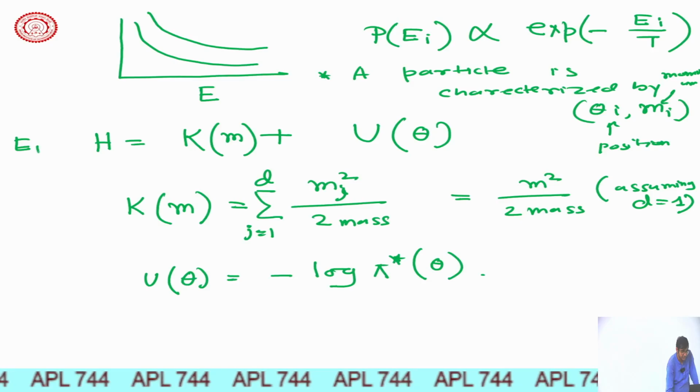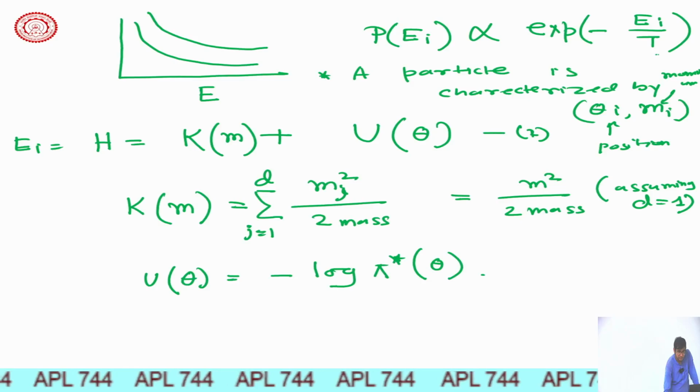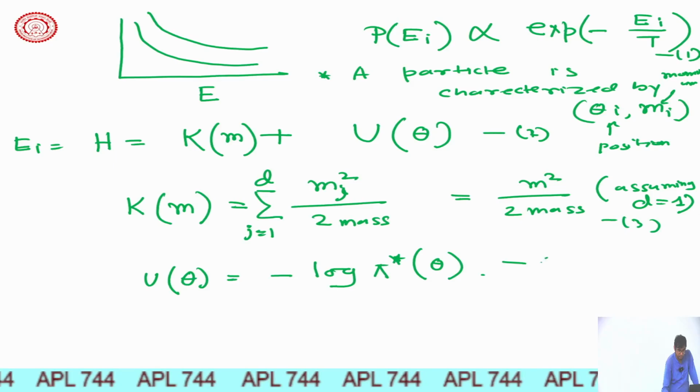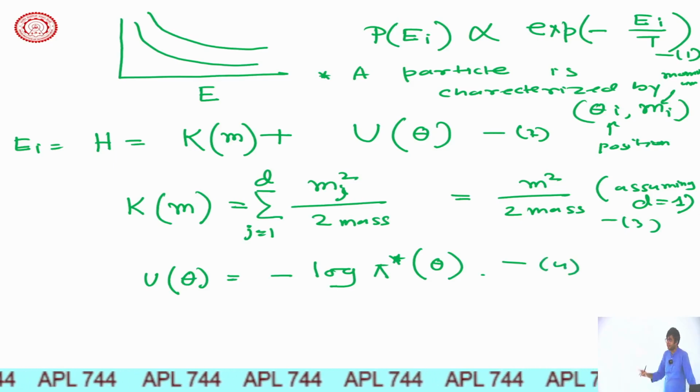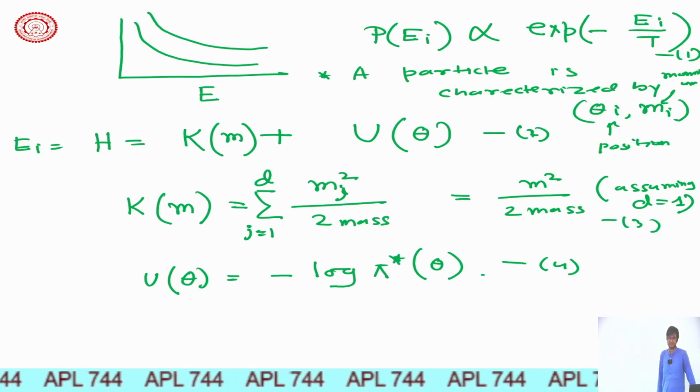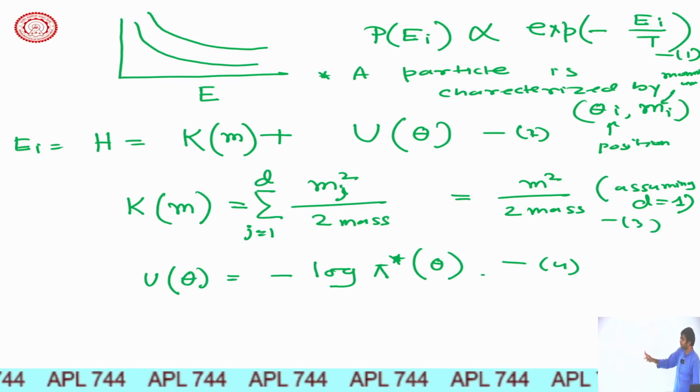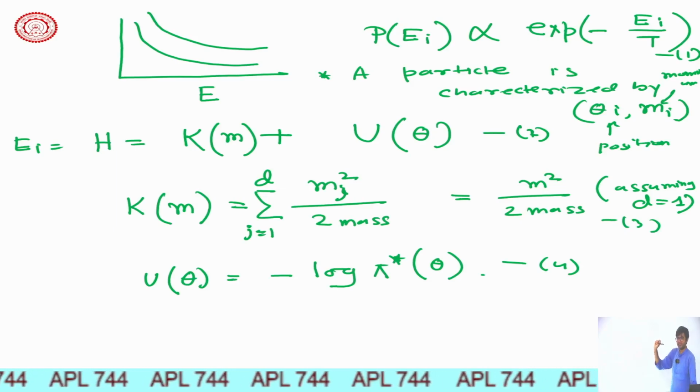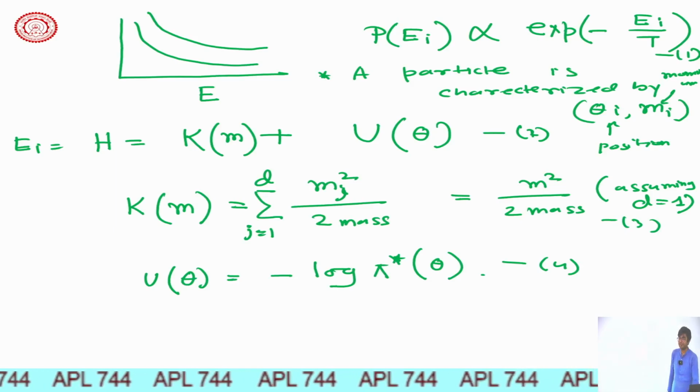Let's write EI equal to, this is 1, this is 2, this is 3, this is 4. So I'm going to substitute 3 and 4 into 2 and then 2 into 1. And I'm taking D equal to 1 to make life easier. So then what am I getting?